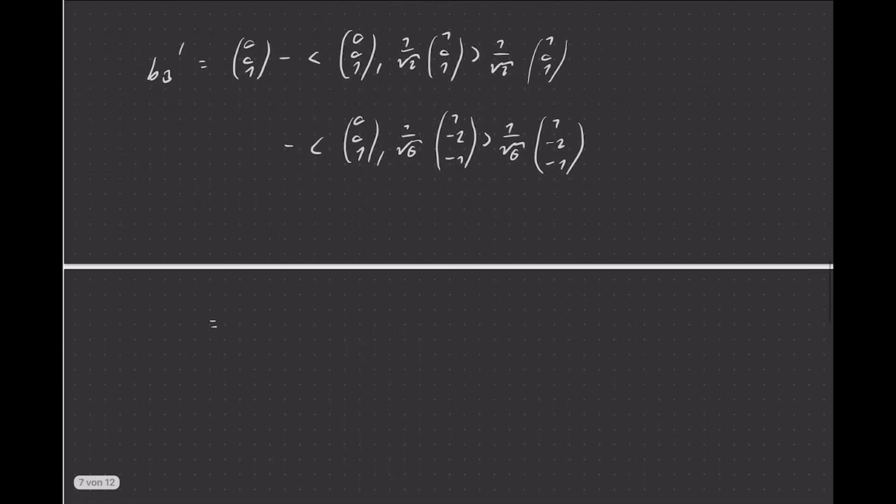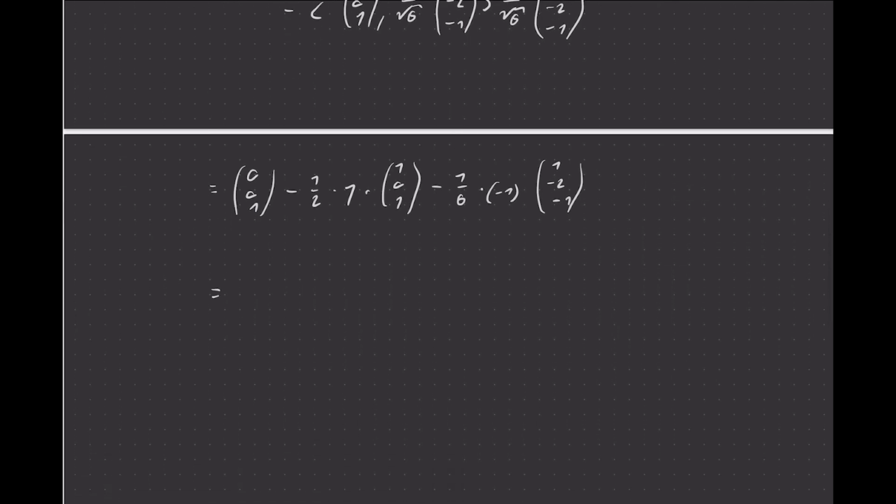Let's see, what do we get? We get (0, 0, 1), of course, minus 1 over 2 times, that scalar product is 1 times (1, 0, 1). And here we have minus 1 over 6. Then the scalar product is minus 1 times (1, -2, -1). So let's see, we end up with, let's add the first two vectors first. That is (-1/2, 0, 1/2).